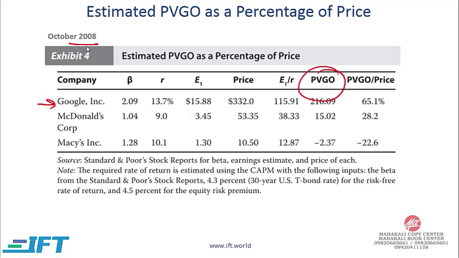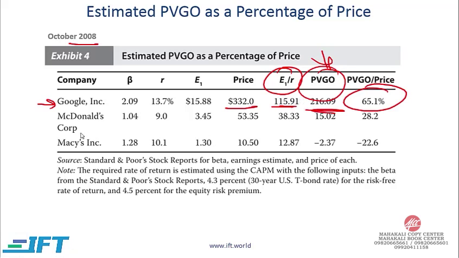In October 2008, Google's stock price was 332. E over R was 115, which meant that the component of the price given by the present value of growth opportunities was 216, or roughly 65% of the overall price.